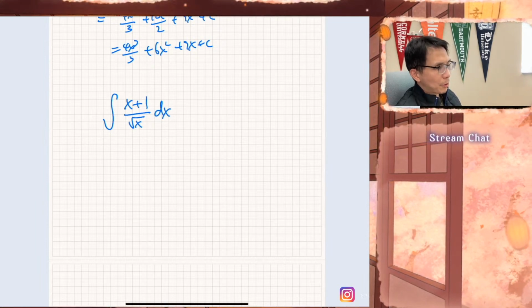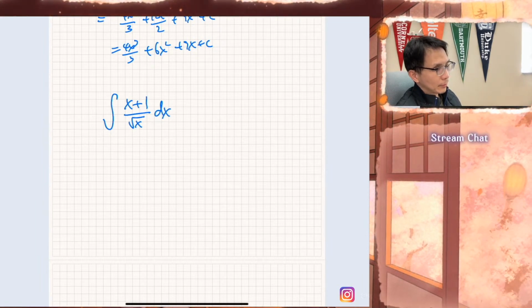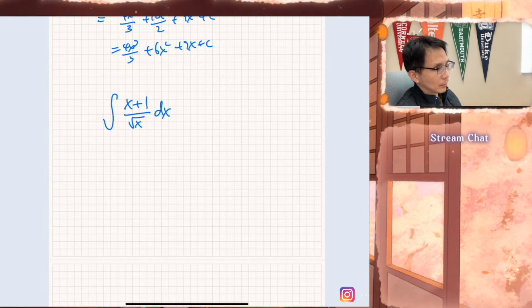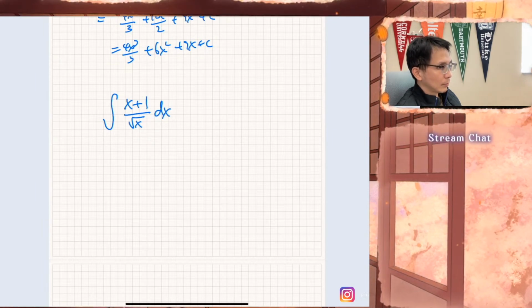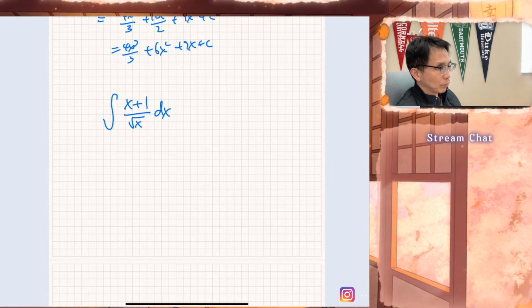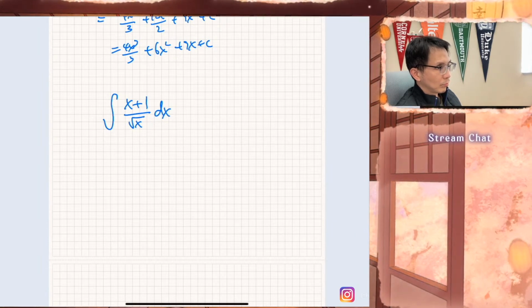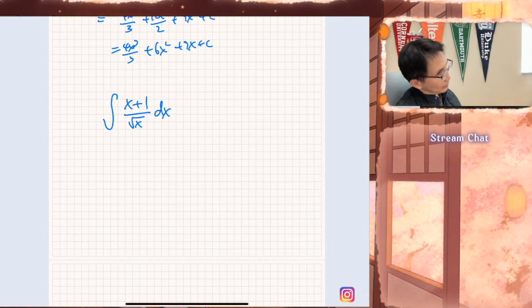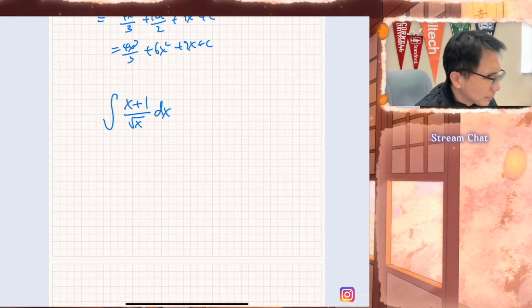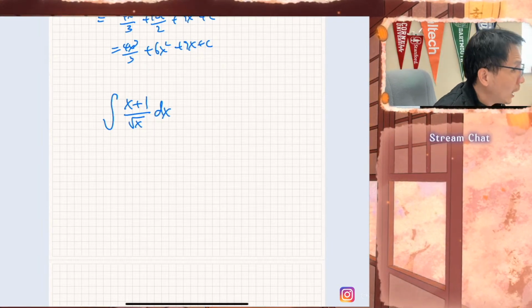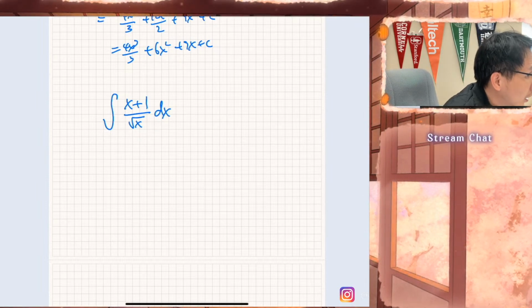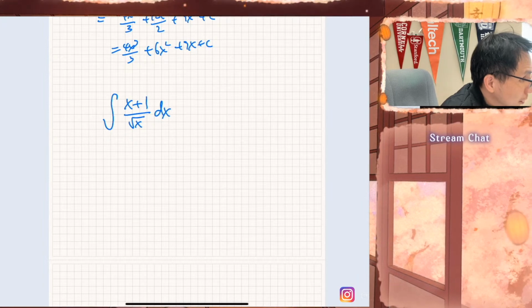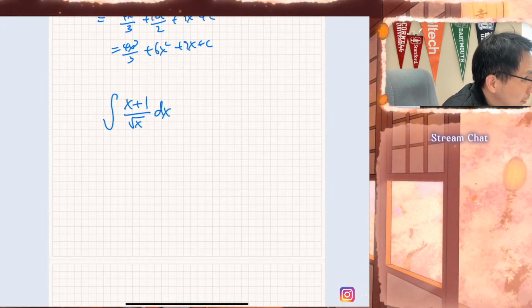I was thinking about algebra first before you do anything. We have to do the product rule? No, there's no product rule, there's no quotient rule. Only power rule.